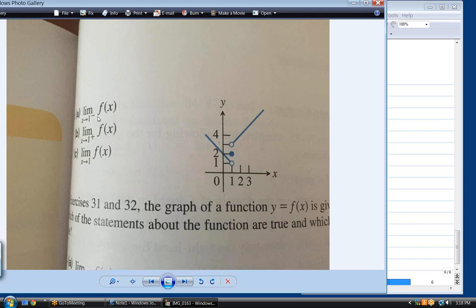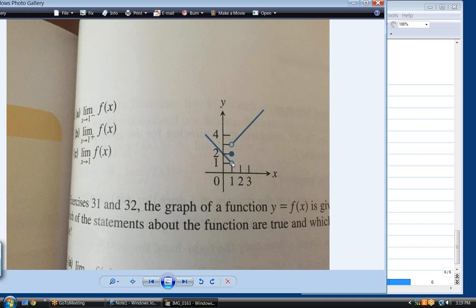Okay, so what is the limit of this function as we approach 1 from the left side? I think it's 2. No, it's 1. It's whatever it points to. That's the limit right there, even if there's a value on the graph. Specifically if there is.